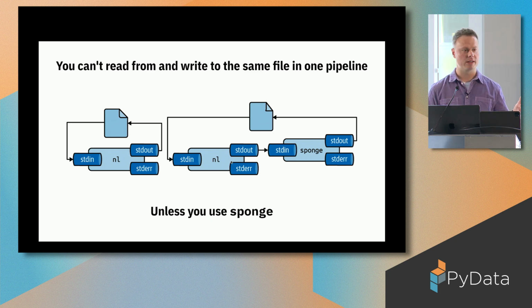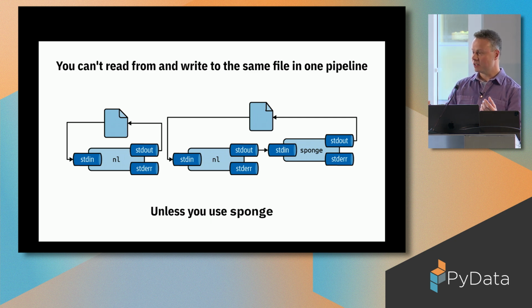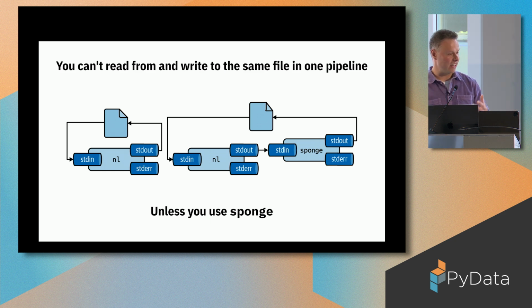Has anyone ever tried reading and writing to the same file in one pipeline? No? Well, you can't do it, so you shouldn't. If you do that, what happens is that the last process that is supposed to write to the file you're also reading from immediately opens it for writing and thereby truncates the file. So the first process starts with an empty file, and as a result, you just delete your data.